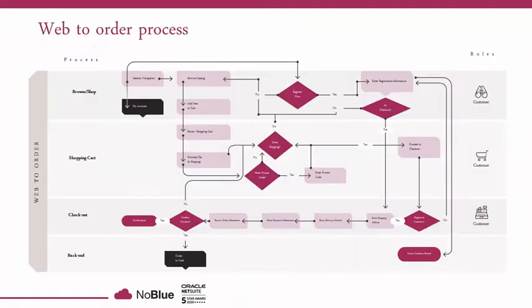So this might look like a complex diagram, but it's pretty straightforward. You have the browse. This talks about the web-to-order process, where a customer goes into the site, browses for items, goes to the shopping cart, the checkout, and then finally everything impacts the ERP.